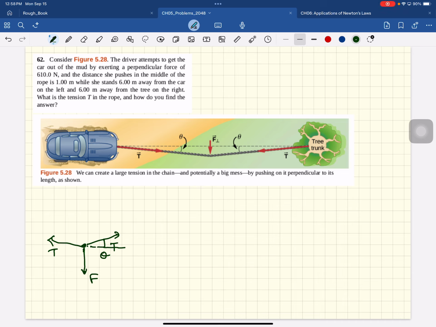How do we find that theta? Okay, this is 1 meter, and that is 6 meters.